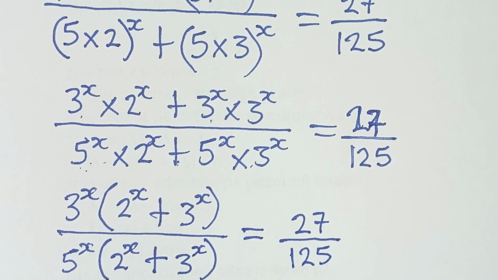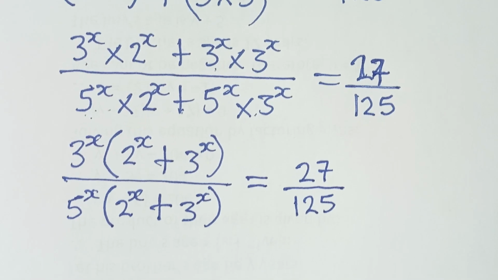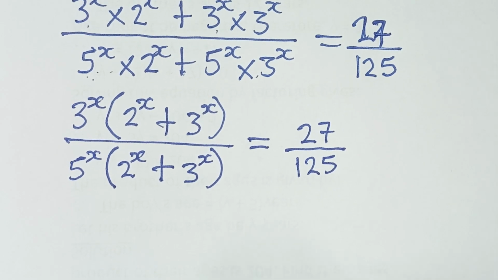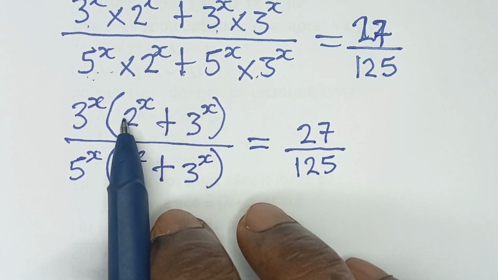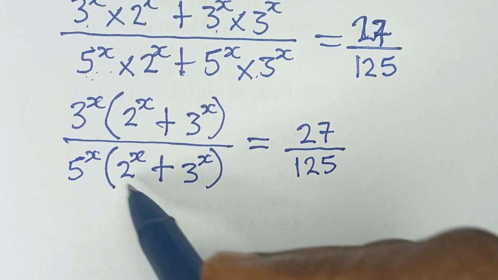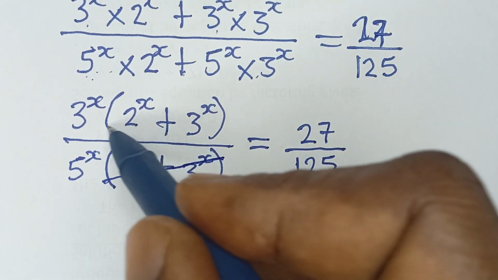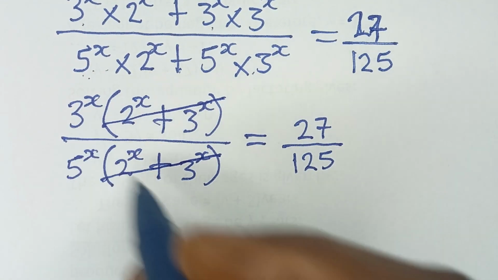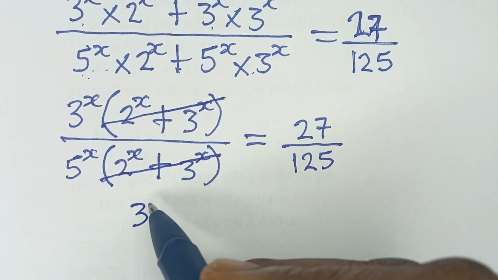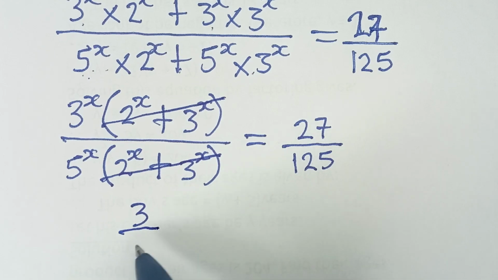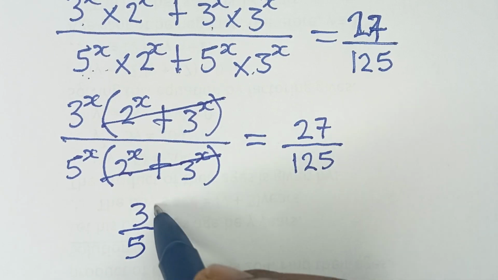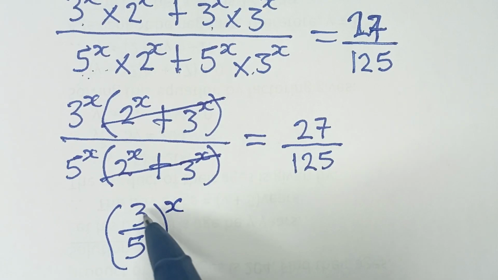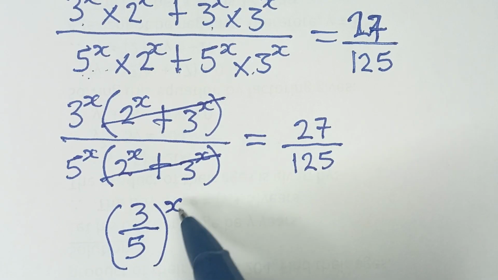Then what I can do next is to cancel out what we have there. So if you look at this term in bracket, it is also equal to the term in the bracket. So since they are the same, they can cancel out each other. So what I have left here is 3^x all over 5^x, and can be written as 3 over 5, all raised to the power of x.